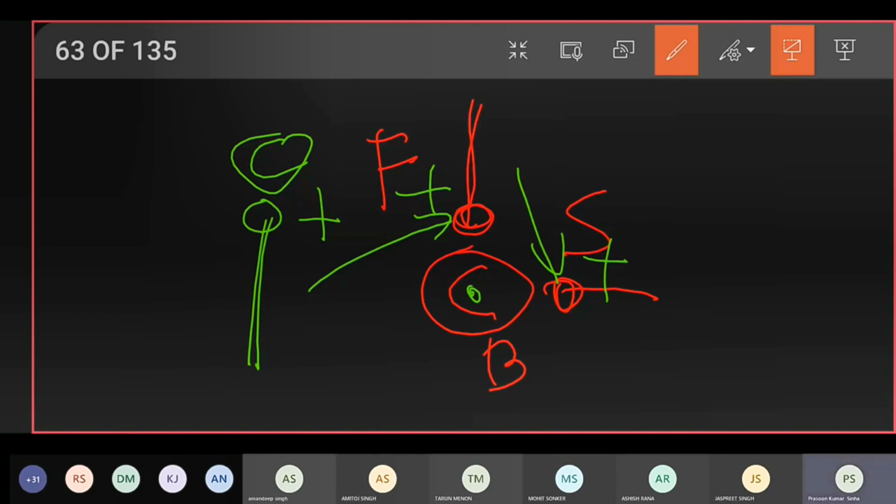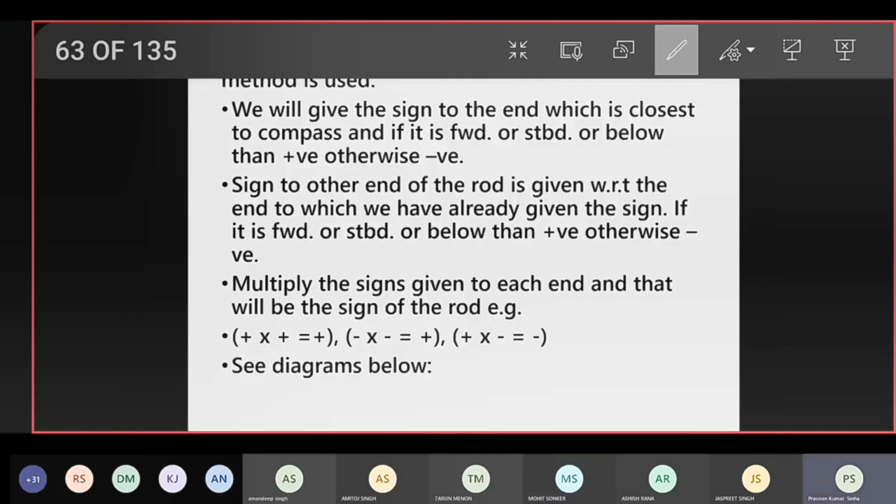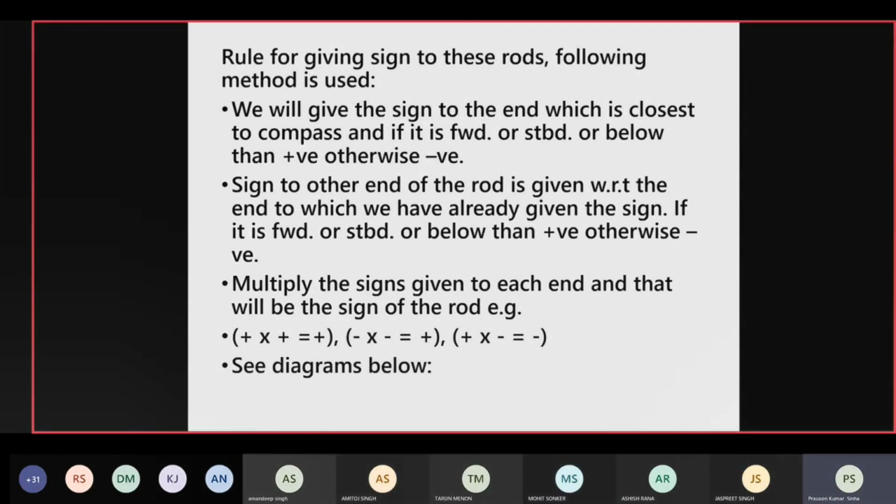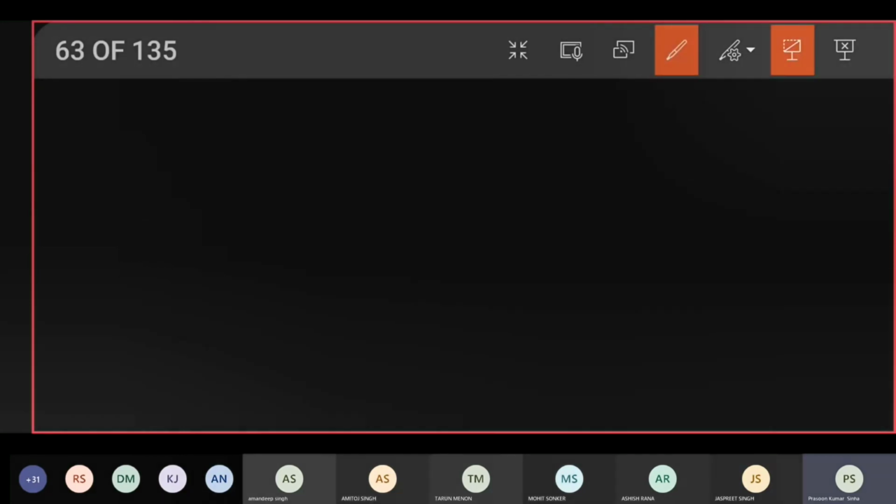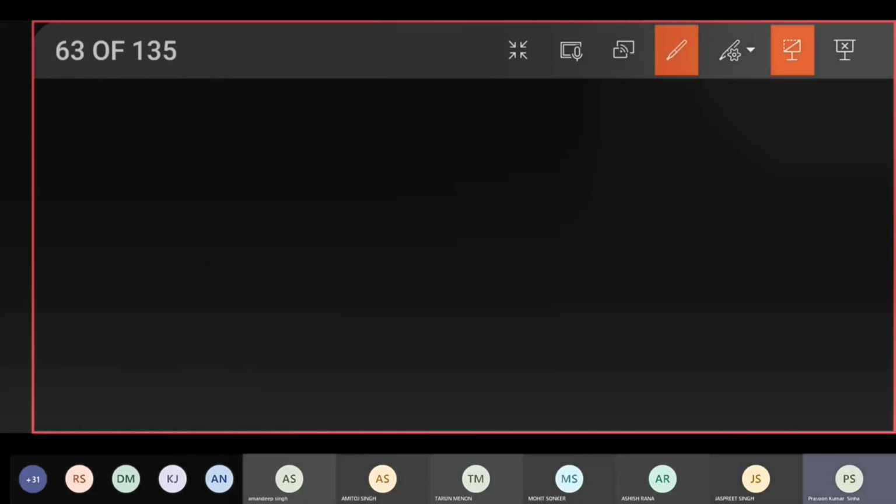Are we getting it? Confusing? Understood. All right. So what we just discussed is the sign convention. Since we are discussing it, let us complete it.